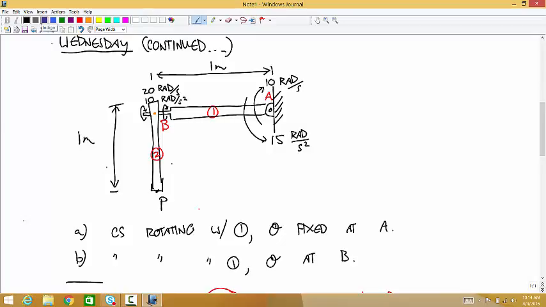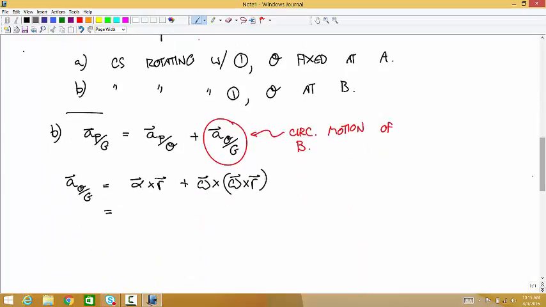If we're lining this up with x that way and y that way, then alpha is going to be equal to 0, 0, positive 15.